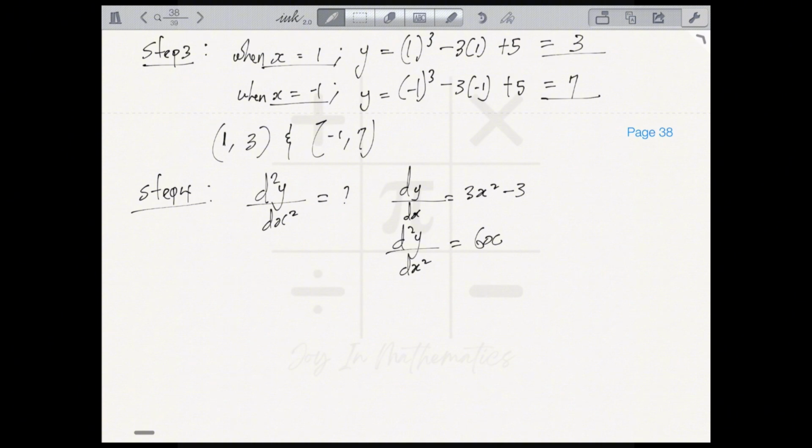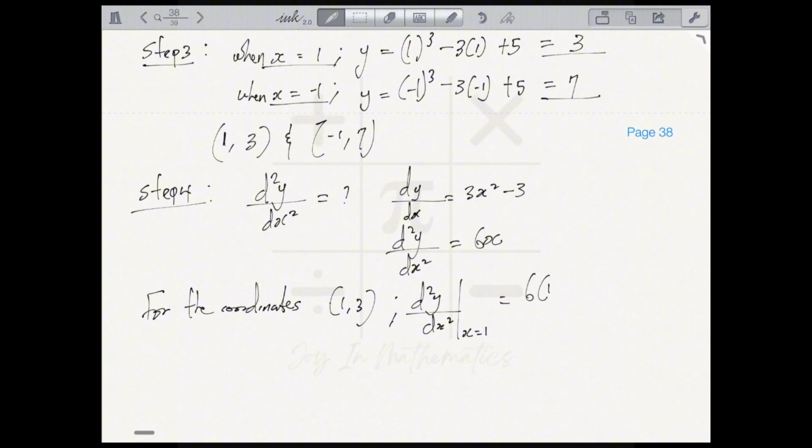Now for the coordinates (1, 3), we are going to evaluate d²y/dx² at x = 1. That means this is 6 × 1, and that is 6.